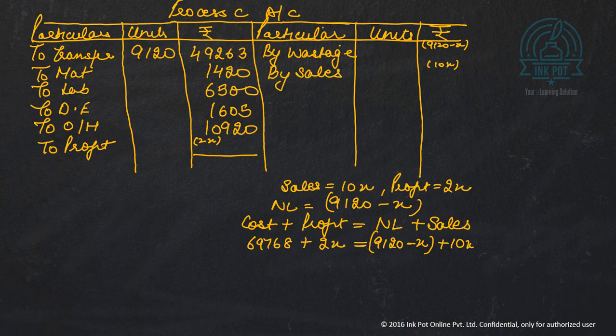Now we know, so in order to open the bracket, 69768 plus 2x is equal to 9120 plus x plus 10x.